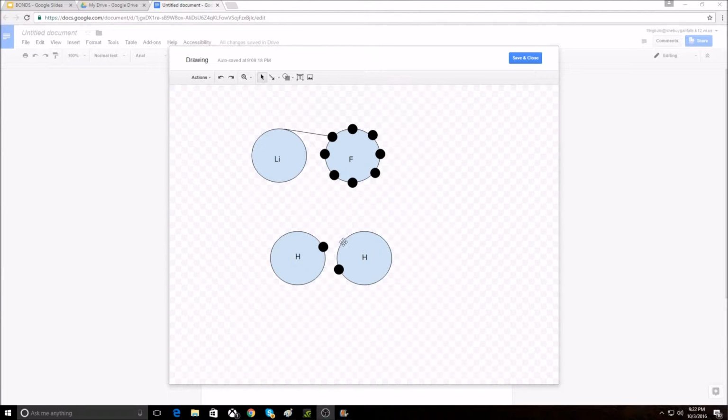And so this one wants this one and this one wants this one right here. But in order to do that they can't just take them, because then it won't have any electrons. So instead what they do is they combine like so, and then they both just share these electrons. And that is how a covalent bond forms.